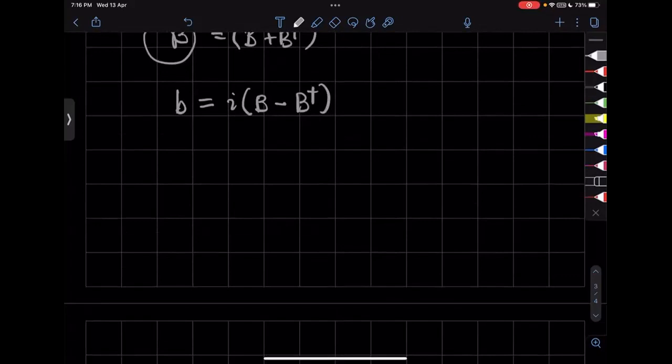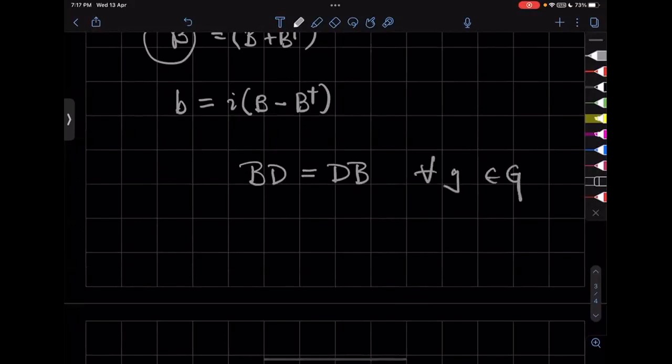So according to the statement of the theorem, B will commute with all D's. That means B D will equal D B for all G. Sorry, I should probably mention here that D has G dependence.